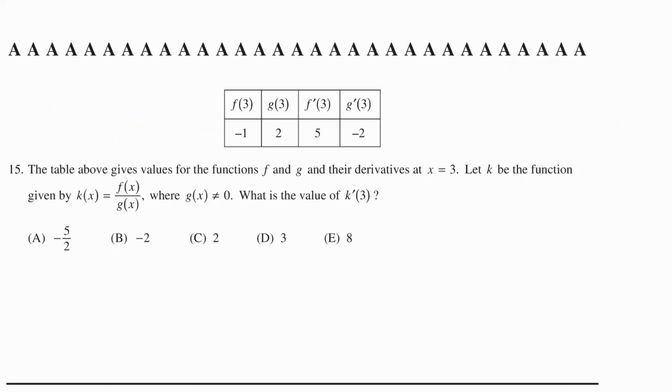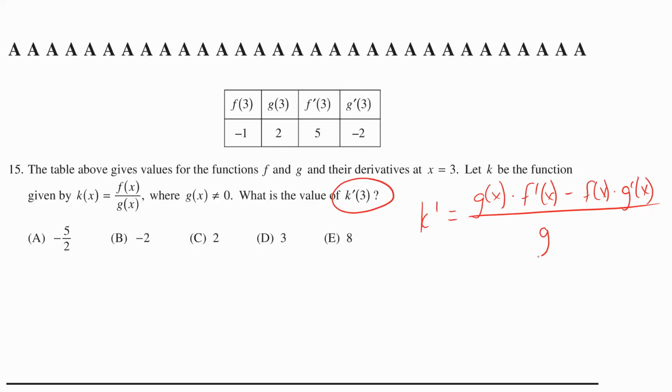15's got a little quotient rule assessment for us. We'll find the value of k prime of 3, and k is f of x over g of x. So let's take a look. k prime would be bottom d top minus top d bottom over bottom squared.